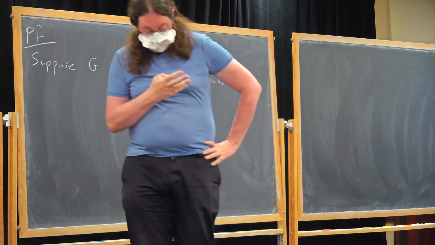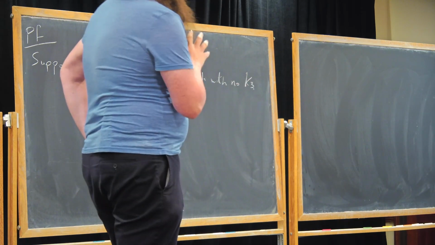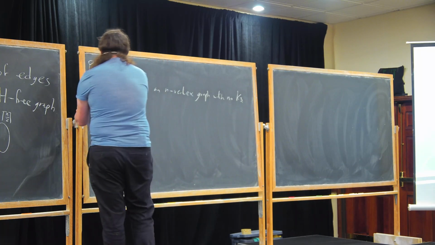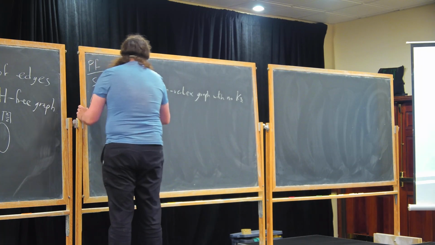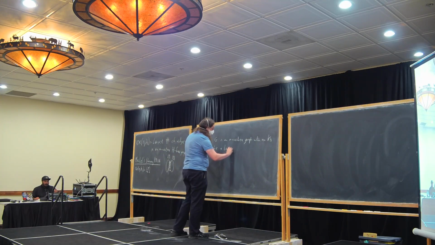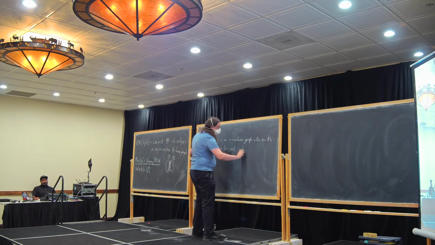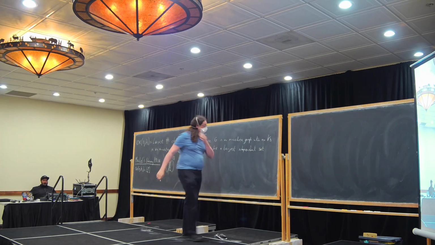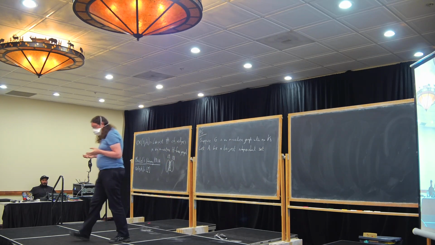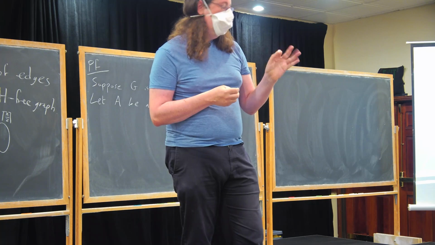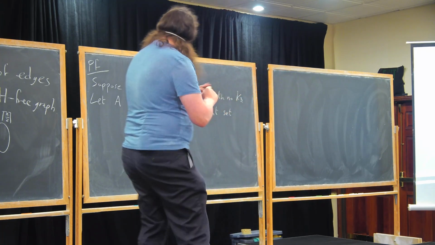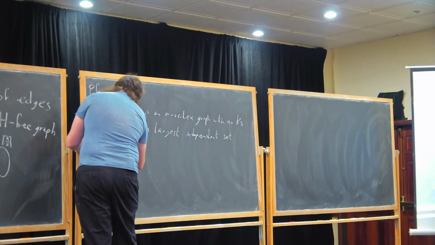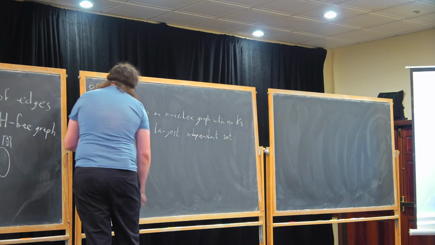Okay, so what do we know about this? Well, let's also, within this, take a largest possible independent set. So let A be a largest independent set. So what I mean is the largest set containing no edges inside of itself. Then what we know is that if I take any particular vertex v, then because it's triangle free, the neighborhood of that vertex is also an independent set.